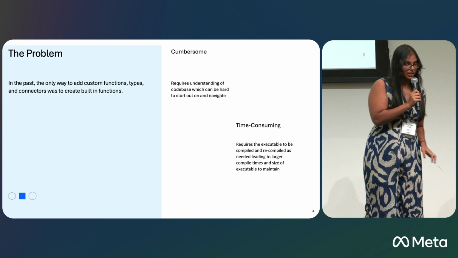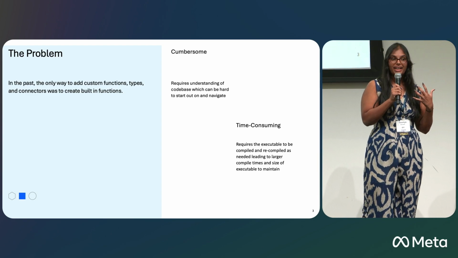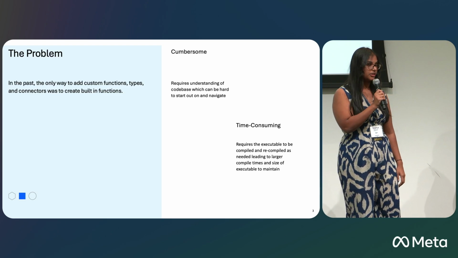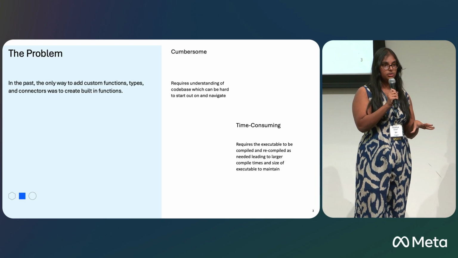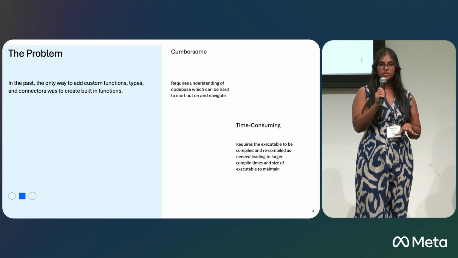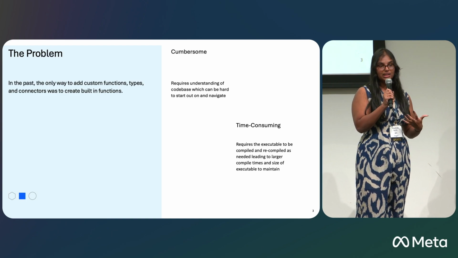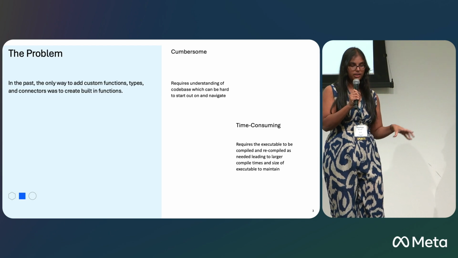So in Velox, the only way to add any custom functions, types, connectors right now would be to do it built-in. And for anyone who's worked in the Velox code base, you might be familiar with what that effort looks like, but let me give you a quick overview.